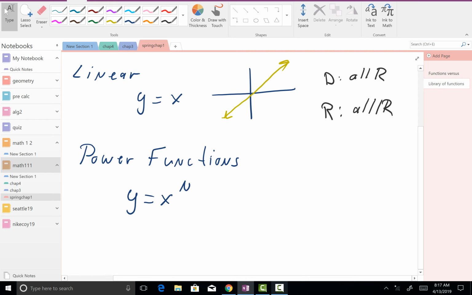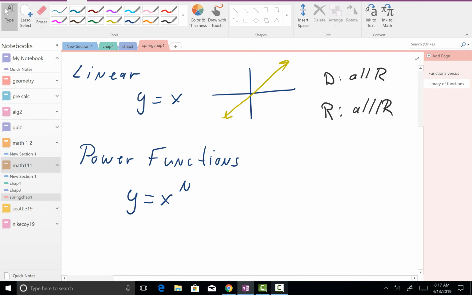If I go into Desmos and pull up my power functions, we'll introduce something called a slider. I just don't remember if we did any of that last week. We could have. So it's going to be y equals x to the n.